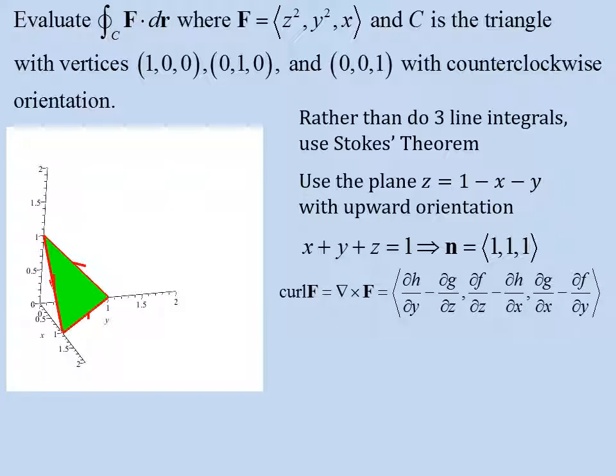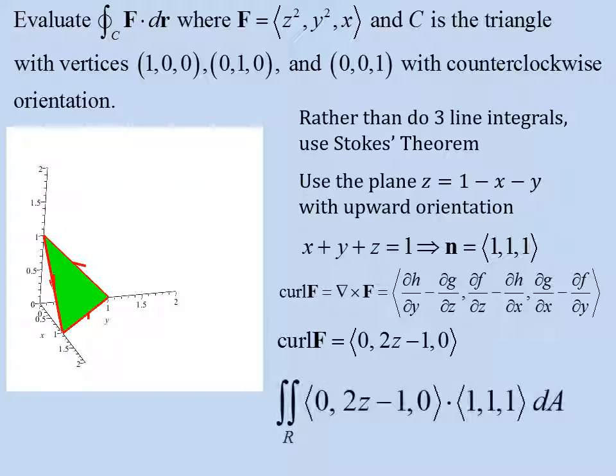Now, to compute the curl of f, we do those partial derivatives and combine them together. We'll do the dot product of those two, which is 0 times 1, 2z minus 1 times 1, and 0 times 1.